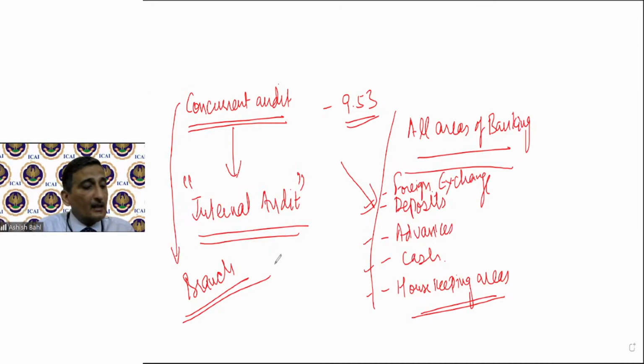There may be many branches of the bank, and the bank management may have decided to get concurrent audit of the same, in accordance with the laid down parameters, in accordance with the laid down policy.